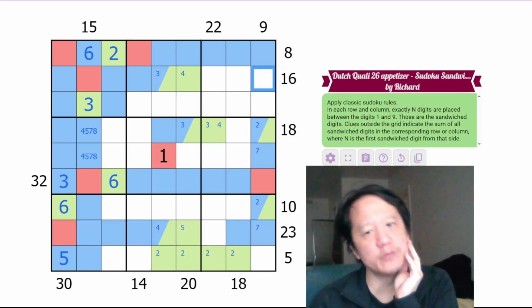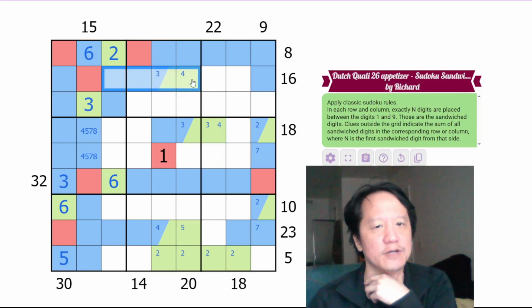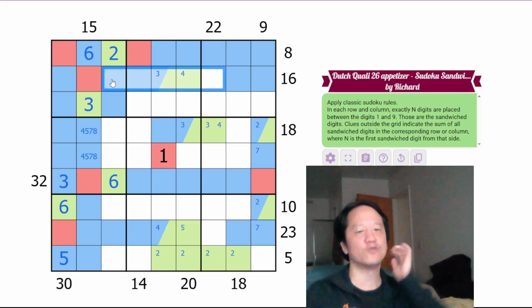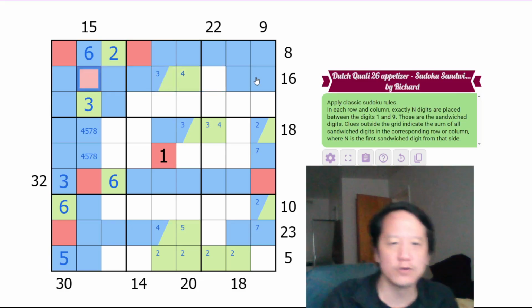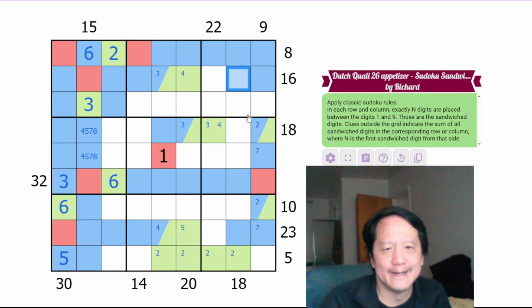This can no longer be crust, because if that were crust, well, okay, period, we can't. So these two cannot be crust, because if those were crust, it's just too big for the digits in between the crusts. This is 14.